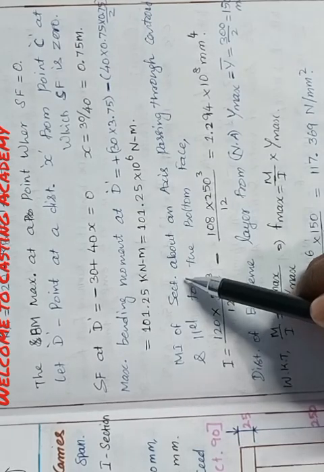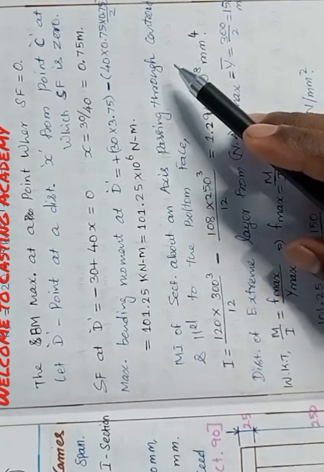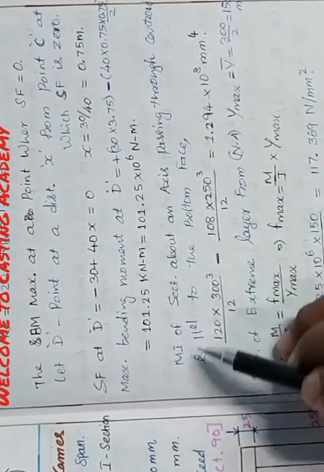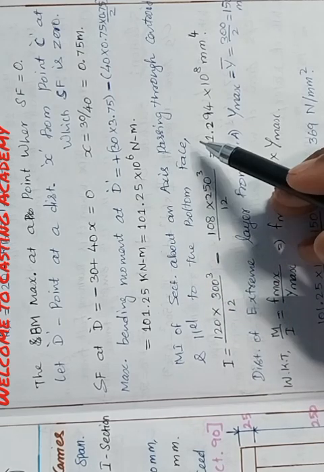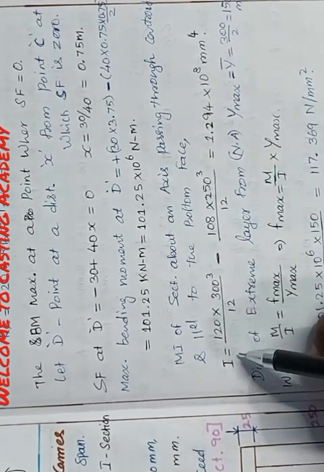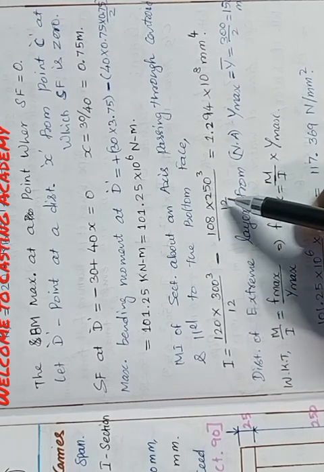Moment of inertia of the section about an axis passing through the centroid and parallel to the bottom face: I equals BD cubed by 12 minus bd cubed by 12.